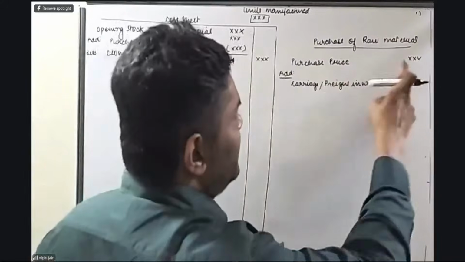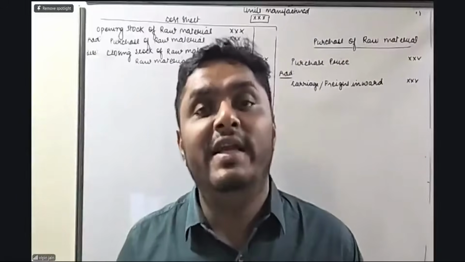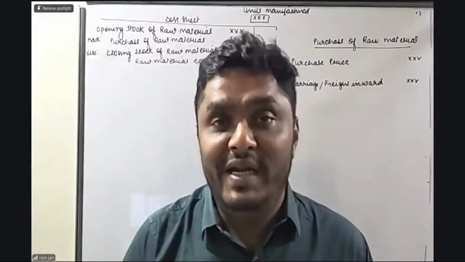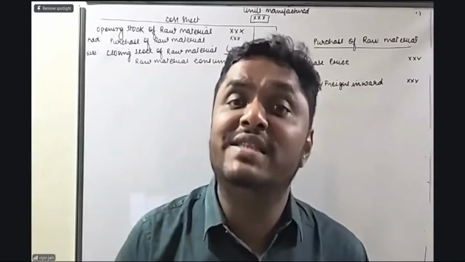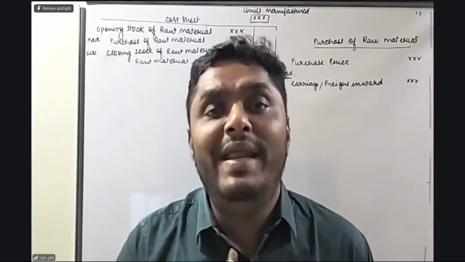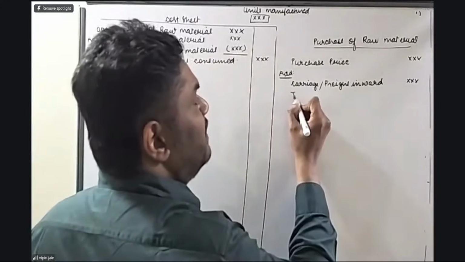So apart from the purchase price paid, whatever the freight from Indonesia till India will be added to the cost of my teak wood. Apart from this, if I'm paying anything in the form of transit insurance and I am bearing the transit insurance, again, it will be included in the cost of raw material.